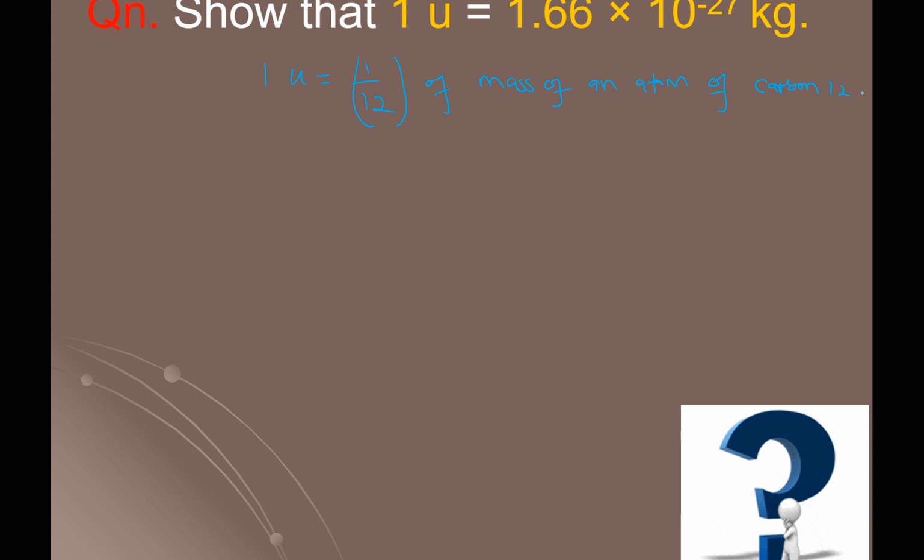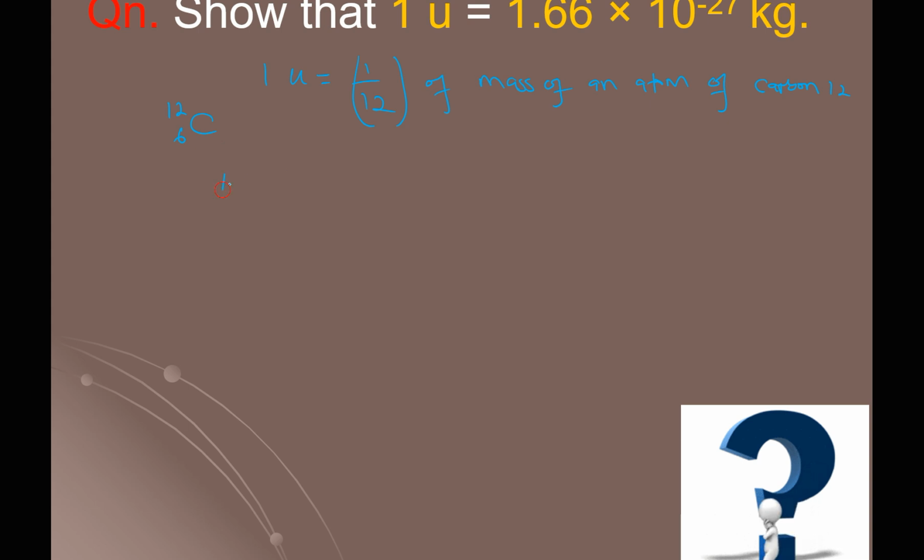So we want to find the mass of an atom of carbon 12 from a unit called ideal gases, which I'm very certain that you'll soon be studying. If I write carbon 12 as C12,6, that is carbon 12.